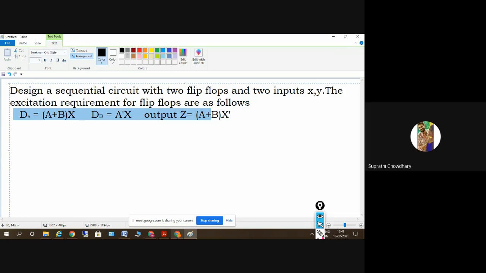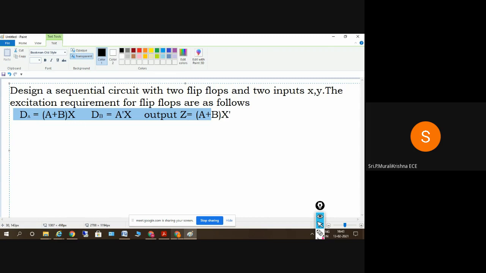Whenever the inputs are given or the next states are given, we can assume the input as the next state or the next state as the input. It is vice versa in both cases. Clear?